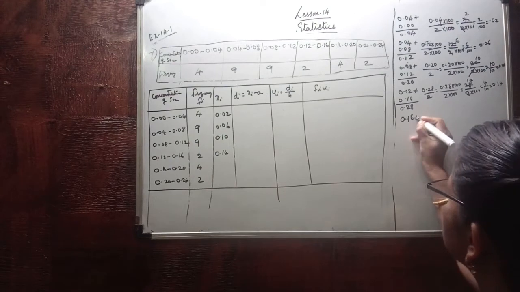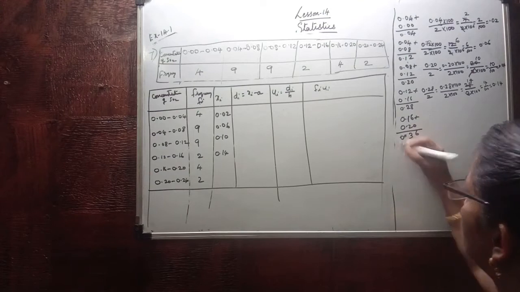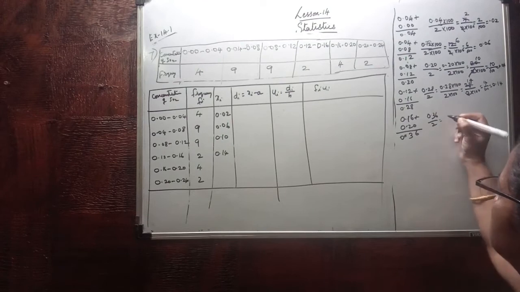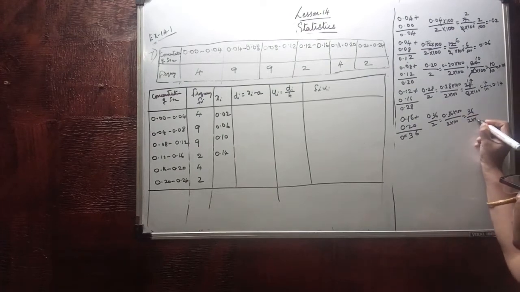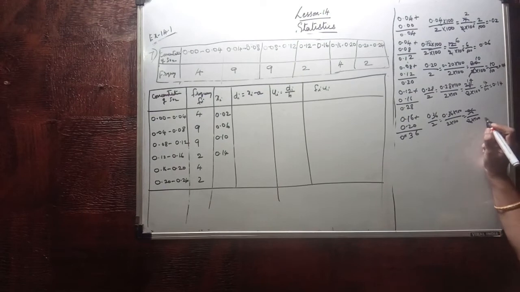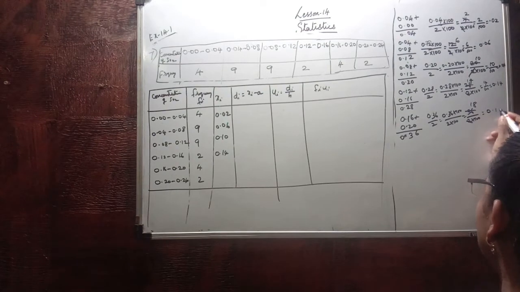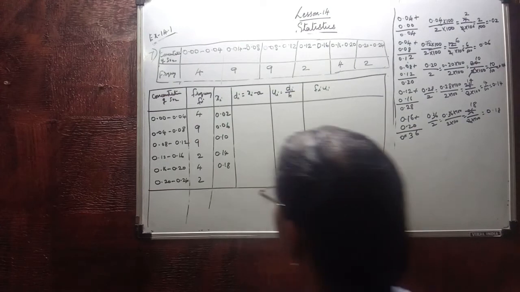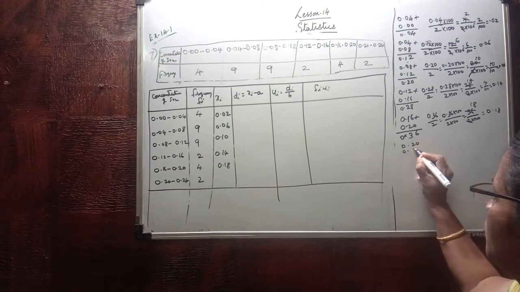That is 6 and then 3, so 0.36. 0.36 divided by 2 you will get 0.36 into 100 divided by 2 into 100. So 36 by 2 into 100, and 2 and 36 you can cancel. That is 18, 18 into 2 is 36. So 0.18. Next one, you get 0.20 plus 0.24.